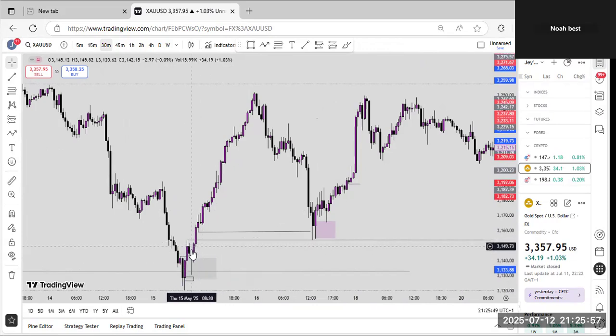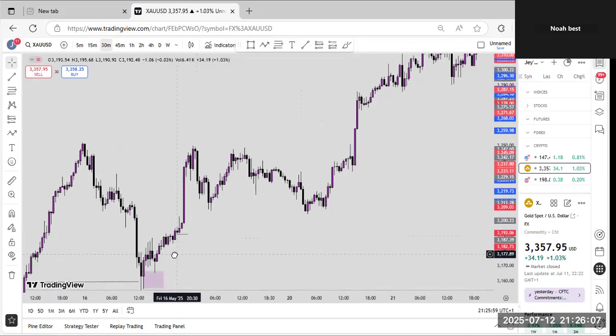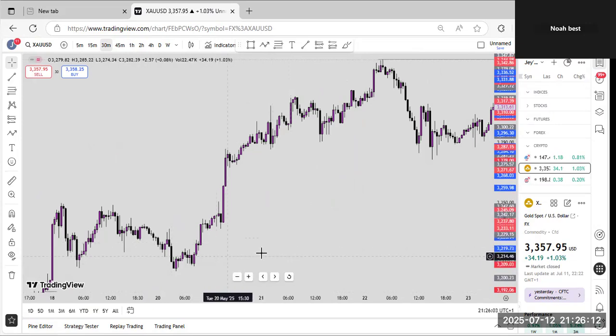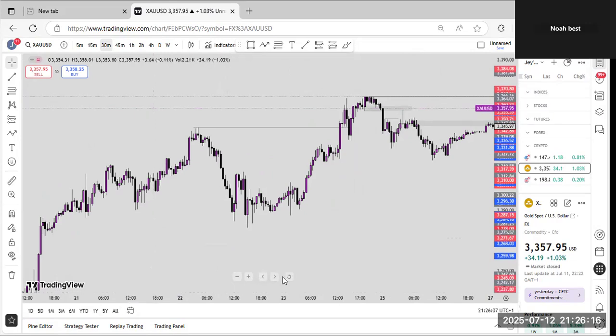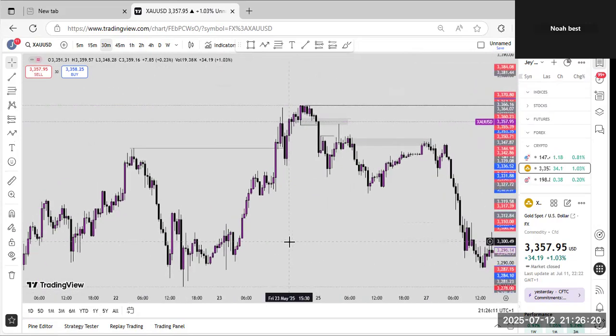Price then reacted from a zone that was closest to liquidity before it now bought to the upside.